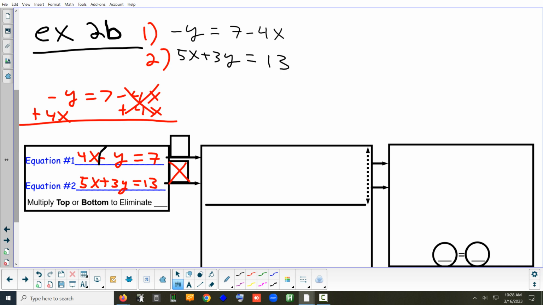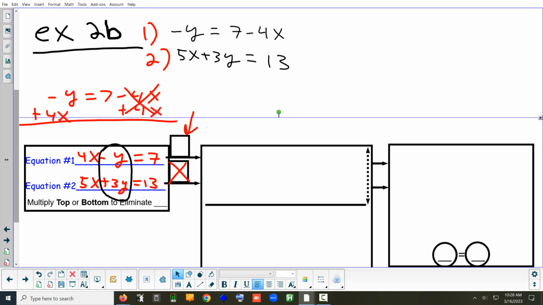We want to make these two things cancel out. This is a 3y. What would this top have to be to cancel out the one that's in the bottom? It would have to be a negative 3y. So what would I put in this box so when I distribute it out, this is a negative 3y? 3.